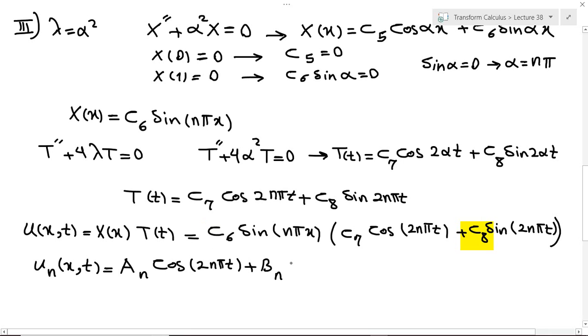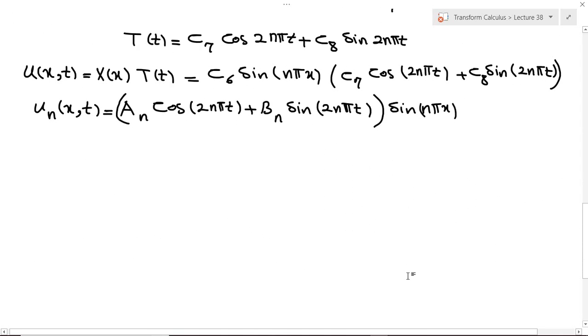So it's b_n sine 2n pi t, and it should be multiplied by sine n pi x. So we could find u_n of x and t based on the superposition principle.